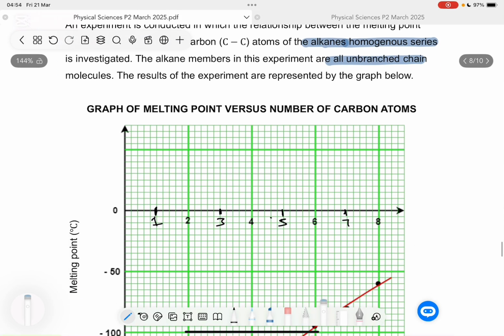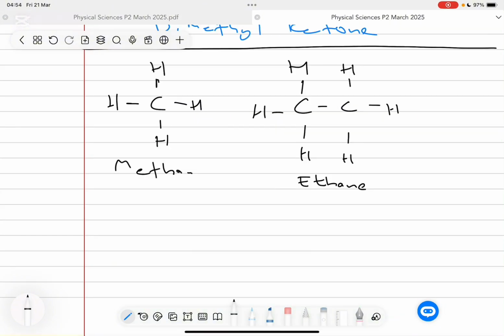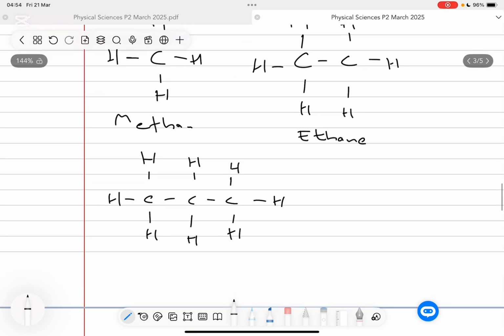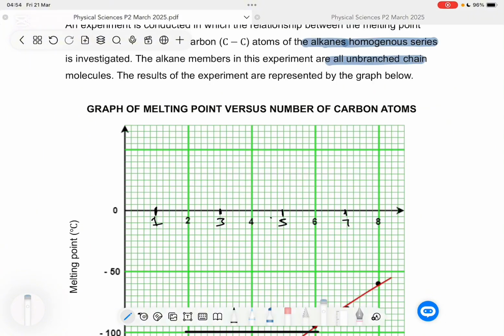If we continue like that, then we go to 3 carbon atoms, and we are going to have carbon-carbon bonds, 3 of them. And obviously, because it's an alkane, the homologous series of the alkanes, it will only have hydrogen atoms, and we all know that this will be called propane.